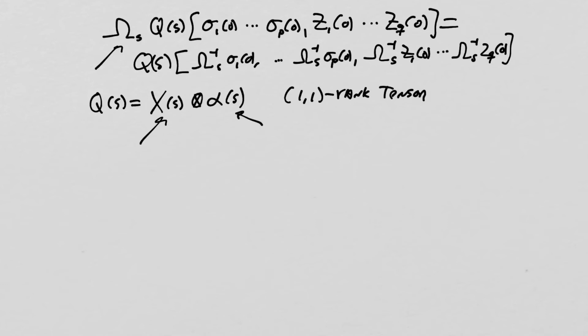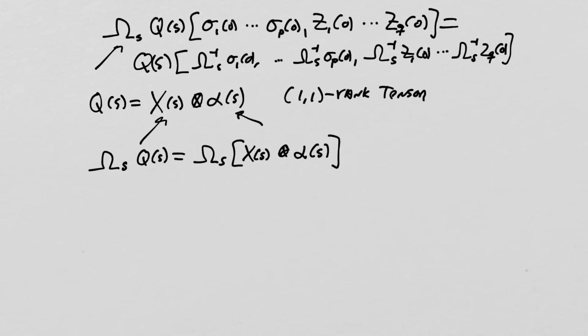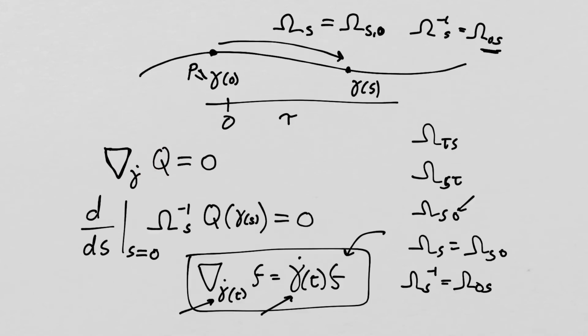So if I write omega s of q of s, what I'm really writing is omega s of x at s, tensor product alpha at s. And so what this is telling me is that I'm taking a vector at s, and a tensor at s, and I'm moving it to 0.